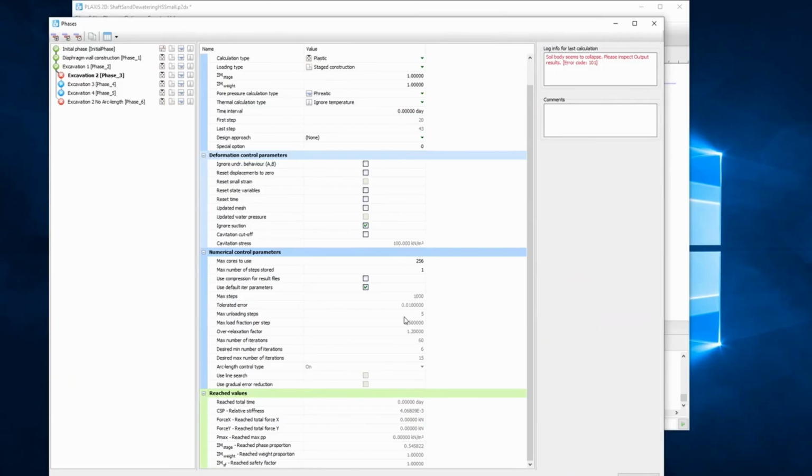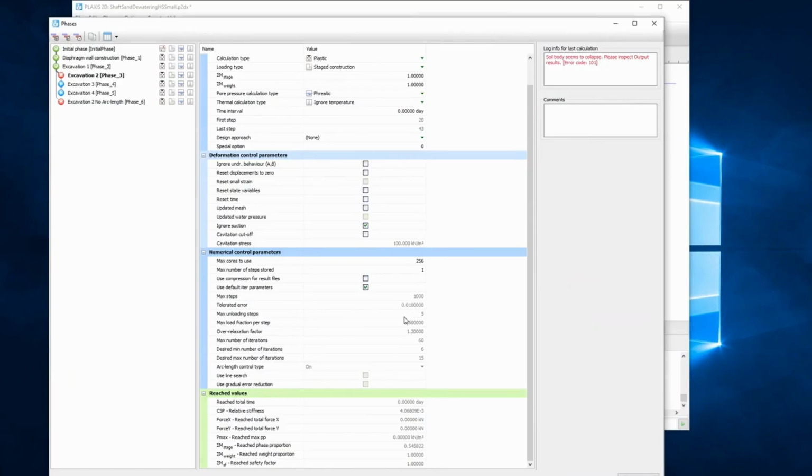And this is what it does here. After 5 unloading steps, it just stops, because if it keeps on unloading, it doesn't stand a chance to reach 1. Better to stop now, which is good, because you will not lose time waiting, sometimes indefinitely, for a calculation that will never converge.